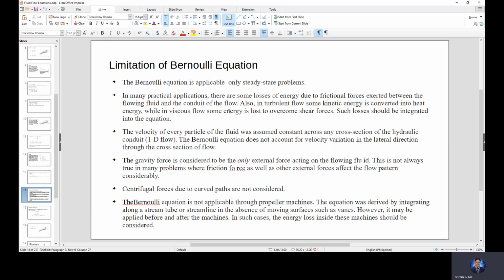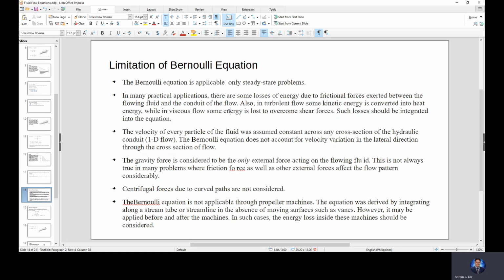So, in many practical applications, there are some losses of energy. As I mentioned earlier, we'll just neglect energy loss. There are losses of energy due to frictional forces exerted between the flowing fluid and the conduit of the flow. Also in turbulent flow, some kinetic energy is converted into heat energy.